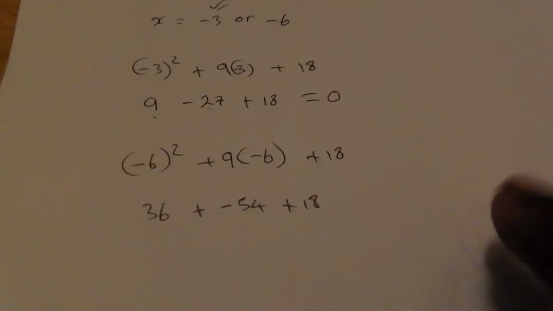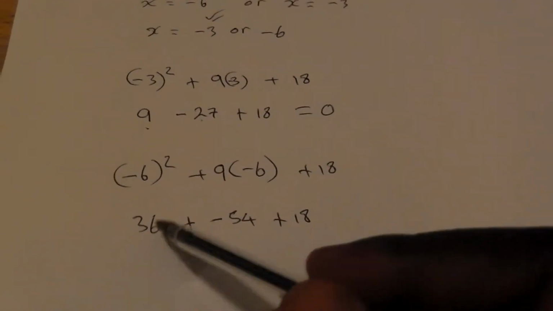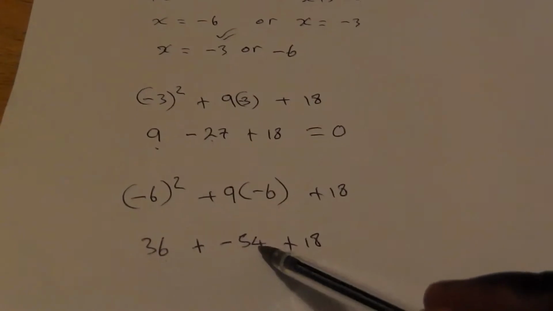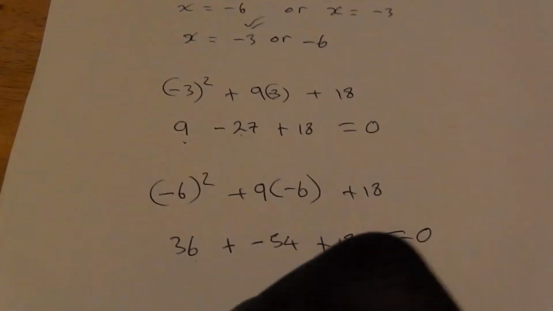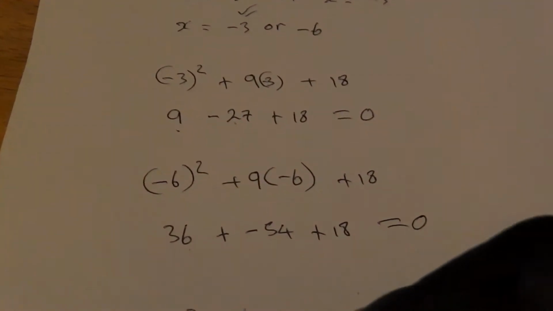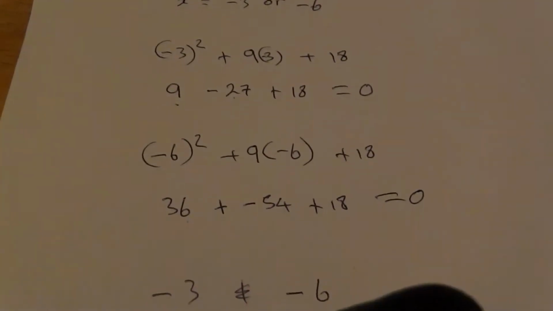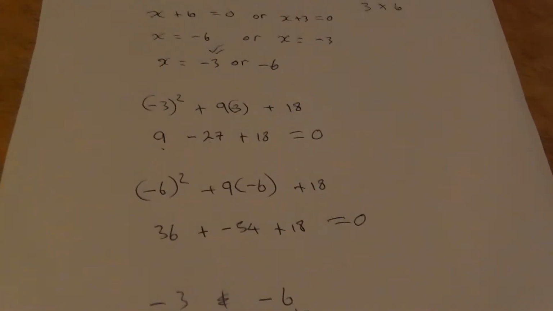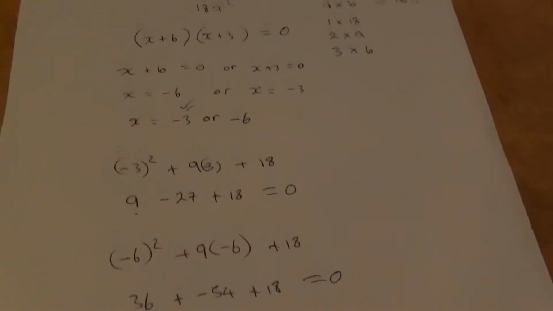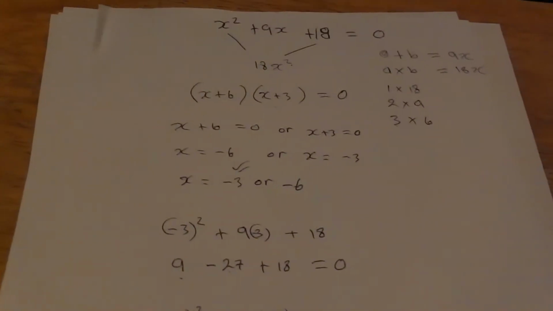So you can see that 36 minus 54 plus 18 is equal to 0. So our solutions, negative 3 and negative 6, are correct. Okay, so this is a way of solving a quadratic equation using the factorization method.